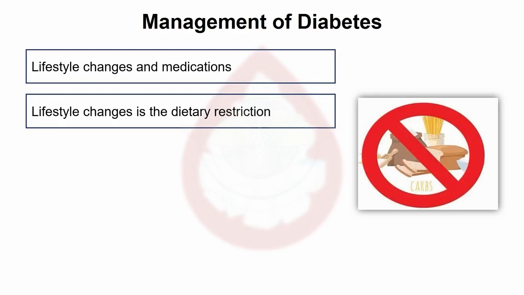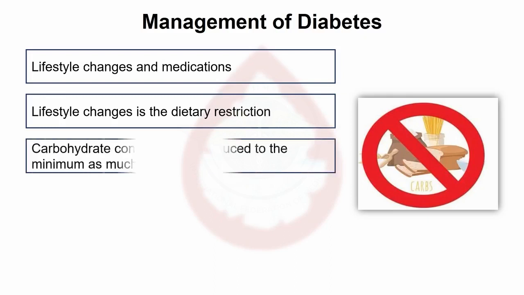That is one aspect that is correct, but you can give some broad advice, like the carbohydrate content of the meals can be reduced. The patient can eat her likings, but the carbohydrate content can be reduced to the minimum as much as she can.